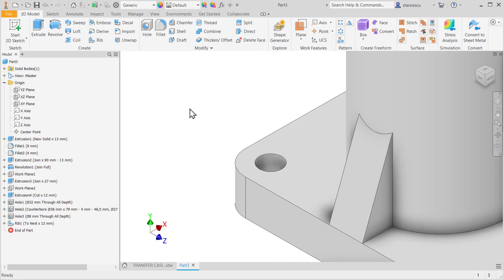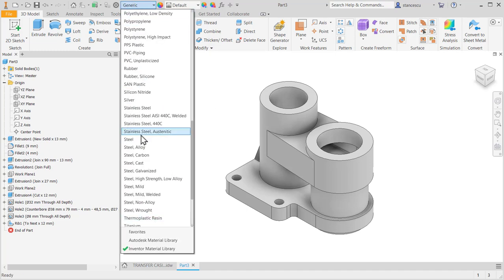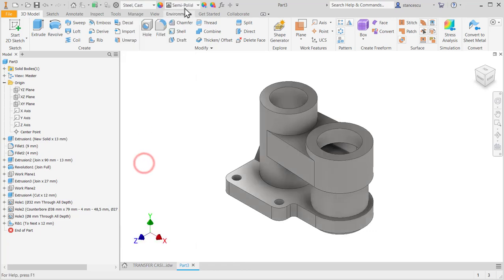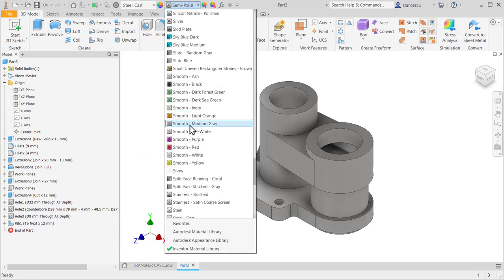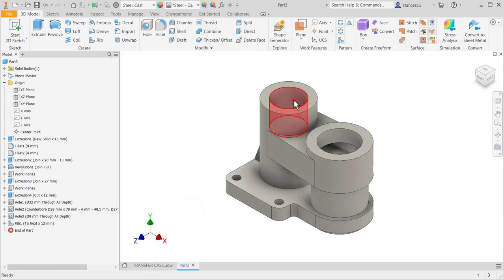Okay, this is the part, my friends. Steel cast, steel cast, and faces to be machined.